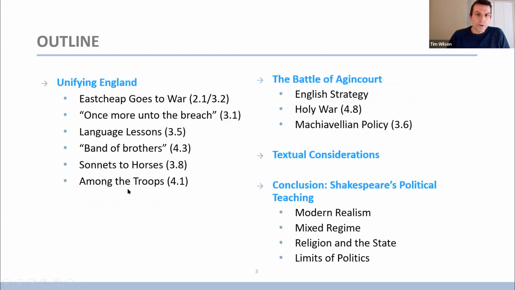Then we'll have in the third lecture a look at to what extent the play explores this theme of how the war brings together England and celebrates the unity of the various peoples through that war, through that common struggle. And then in our last lecture, we'll look at the Battle of Agincourt historically and as portrayed. We'll look at some textual considerations of the play and try to draw some conclusions in general.